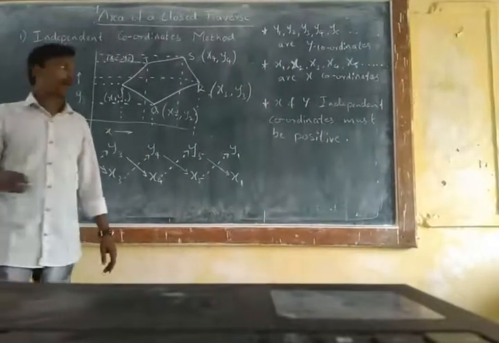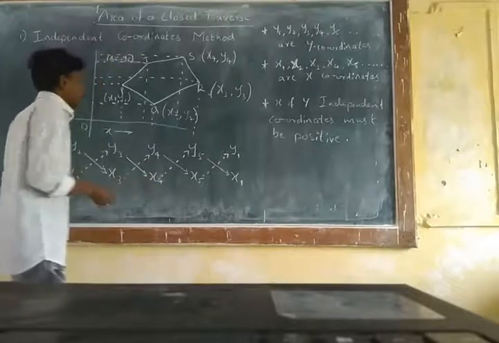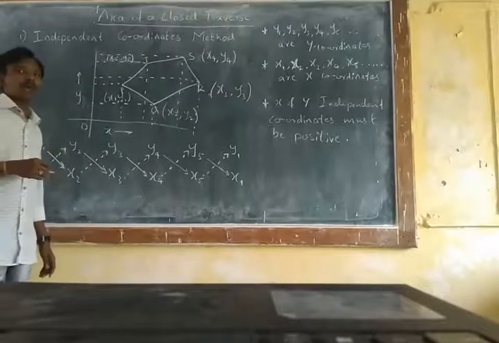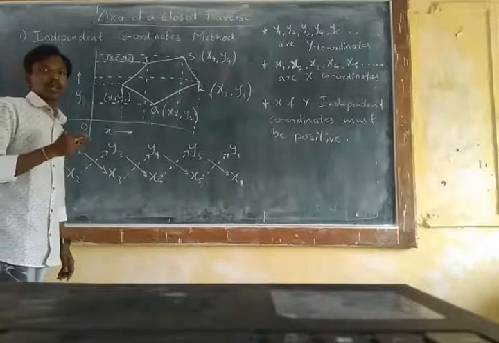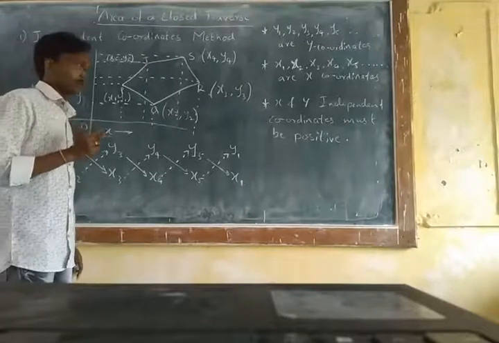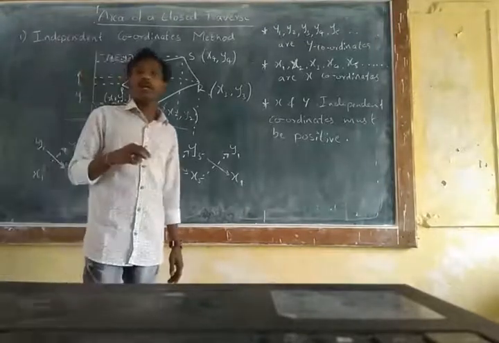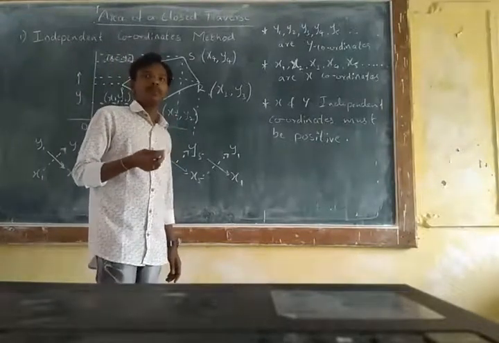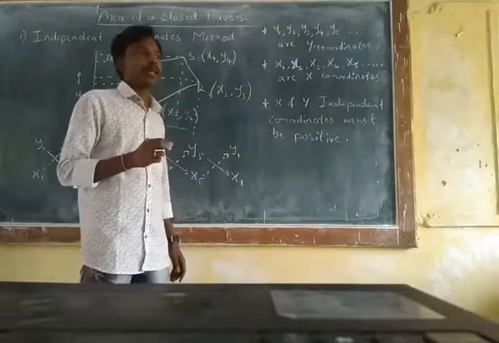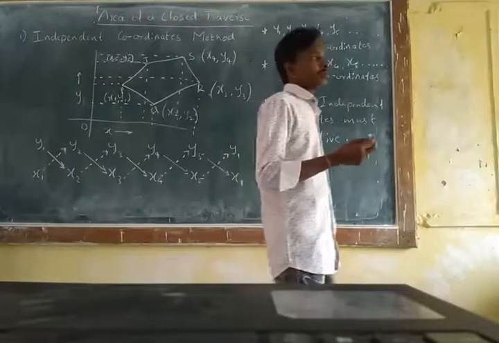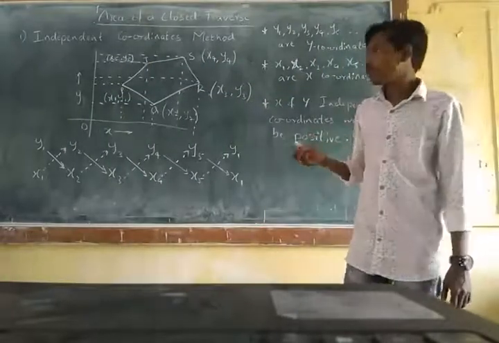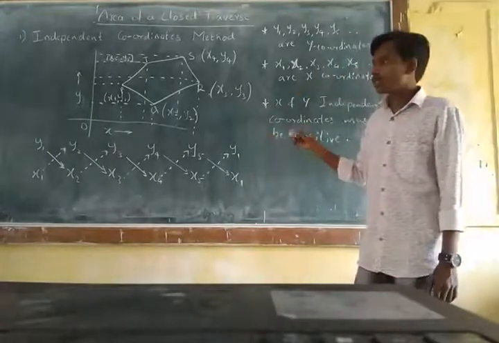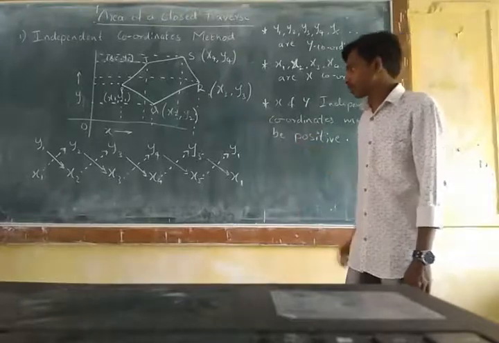First we have to look at the calculated latitudes and departures, and we have to make each and every latitude and departure a positive value. So for that we have to add an arbitrary number. That arbitrary number can be taken or derived just for making sure that all latitudes and departures are positive.